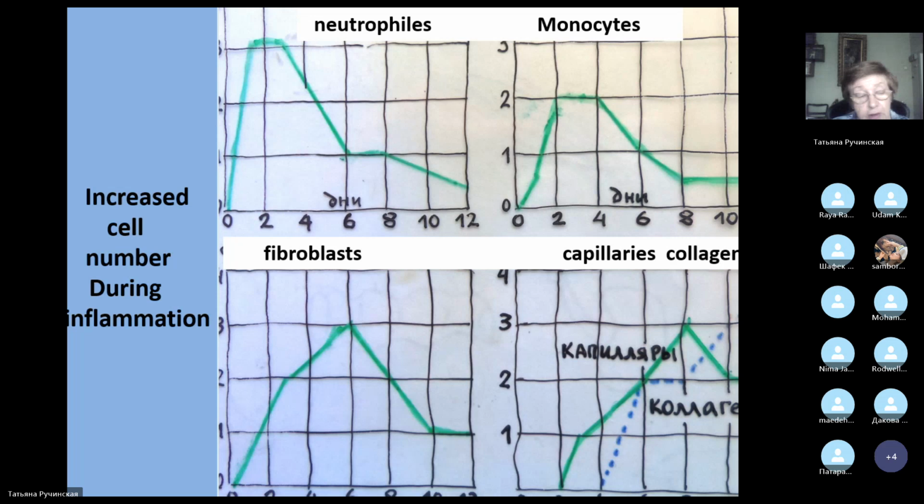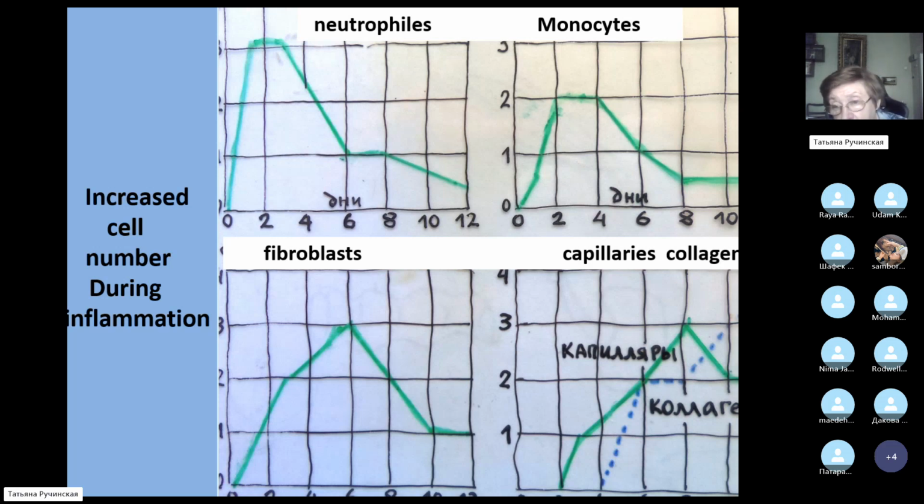Monocytes have enzymes, proteases, and one type of protease is collagenase. Collagenase, according to its name, can break down collagen, and that is why collagenase will break down the scar which fibroblasts can form. On the one hand.